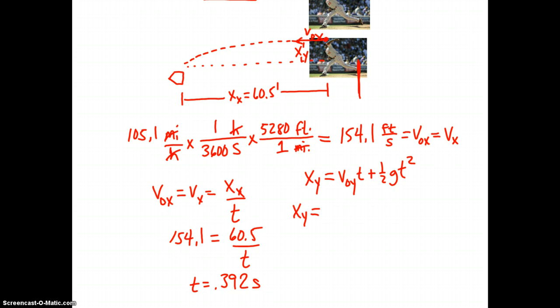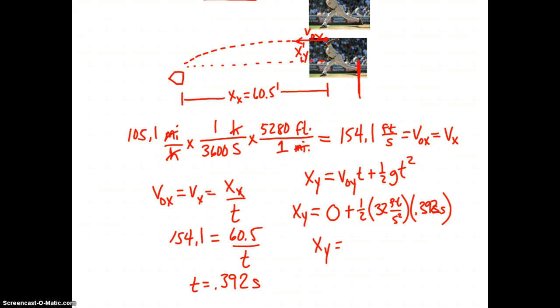The initial velocity vertically for a projectile fired horizontally is 0, so the entire voy t term is 0, plus 1/2. And in the English system, g is 32 feet per second squared. Nice little thing for you to know there. Then we substitute in our time, 0.392 seconds.